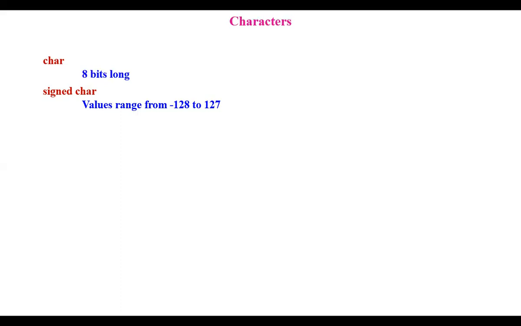It doesn't know anything about letters like ABCD. So, to indicate them in the form of numbers, we have a coding called ASCII numbers, which I will tell you about. Also, unsigned characters have no sign, and their values range from 0 to 255. These numbers are based on ASCII.